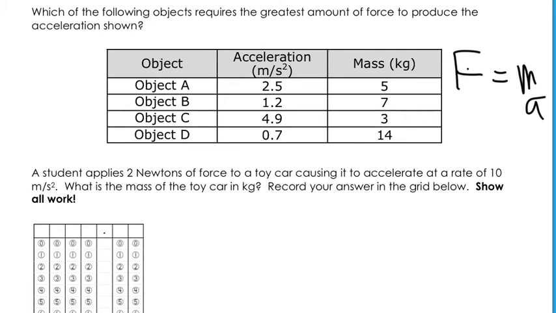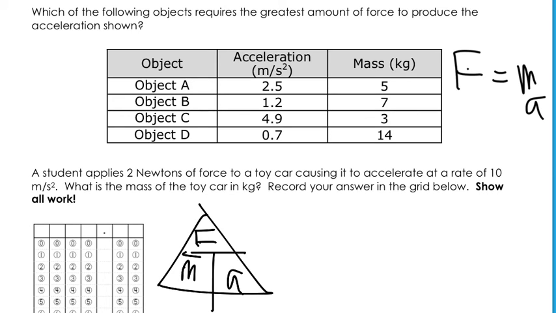The last one on this page, a student applies 2 newtons of force to a toy car, causing it to accelerate at a rate of 10 meters per second squared. What is the mass of the toy car in kilograms? Record your answer in the grid below and show all your work. So with this one, you're going to use the same formula, but you're going to tweak it a little bit. So use your triangle method. You've got the F on top, M here, A here.